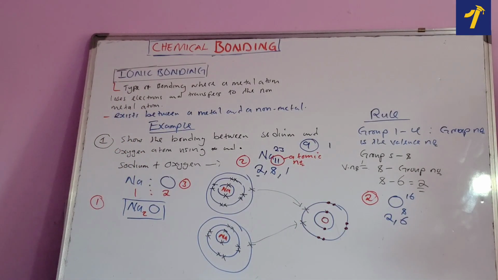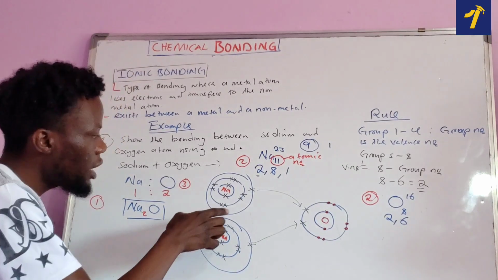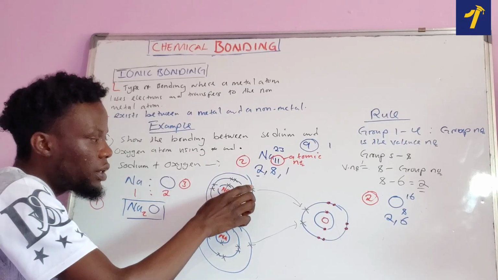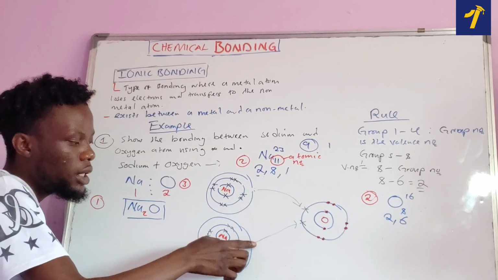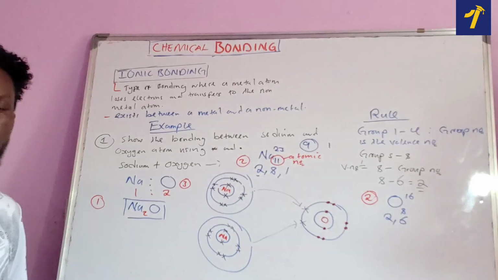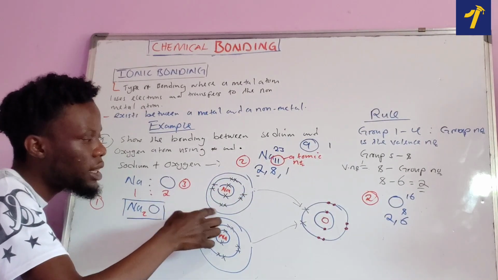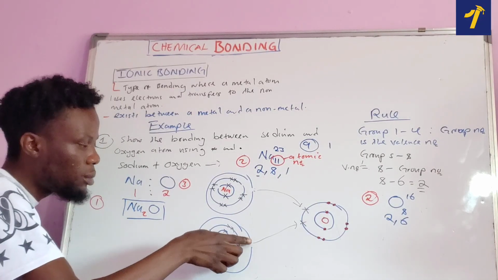As you can see. Now, the concept that you need to understand here is that the electrons in the last shell for this sodium are moving out. So meaning that if they are moving out here, there will be no electron. Also here, there will be no electron. Okay? So which simply means that in the last shell here, there will be nothing. If there will be nothing in the last shell, what do you think? You remove the last shell.